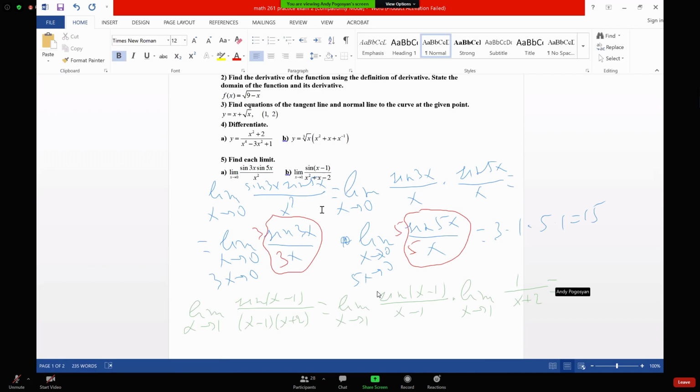Now x approaches 1 means x minus 1 approaches 0. So the first one becomes 1 times 1 over 1 plus 2. So this is 1/3.